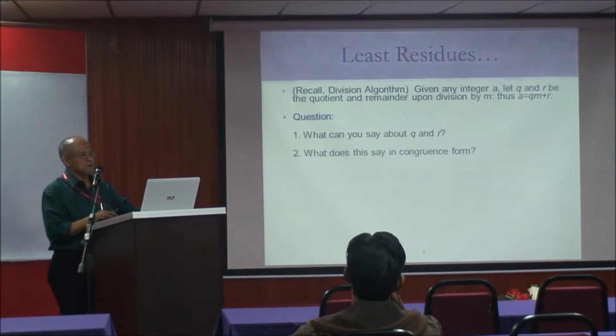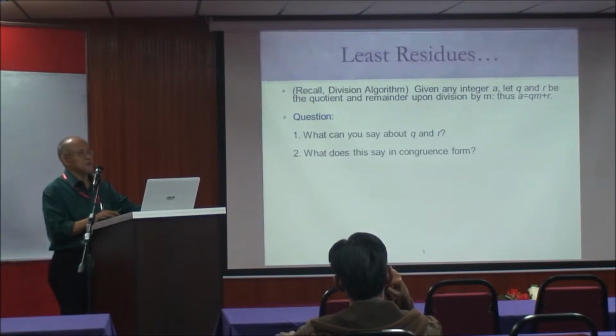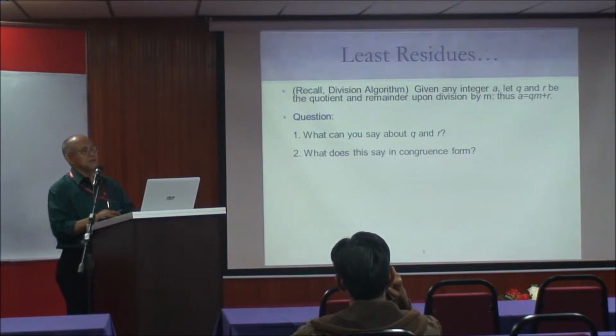If we use it in congruence form, we have A equal to QM plus R, the division algorithm for any two integers A and M. Therefore we can rewrite the equation as A minus R equal to QM.